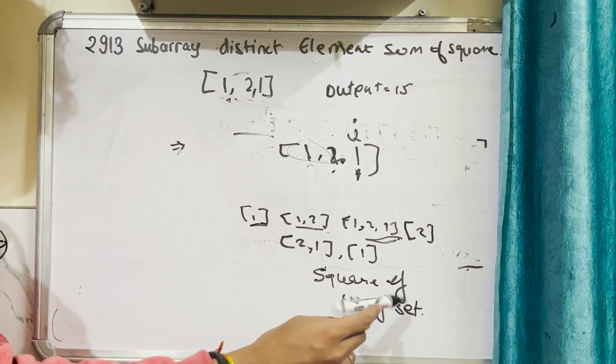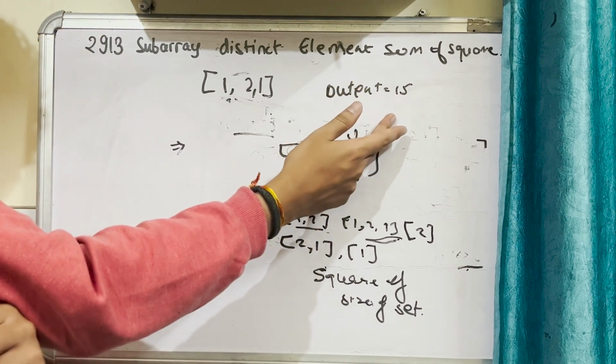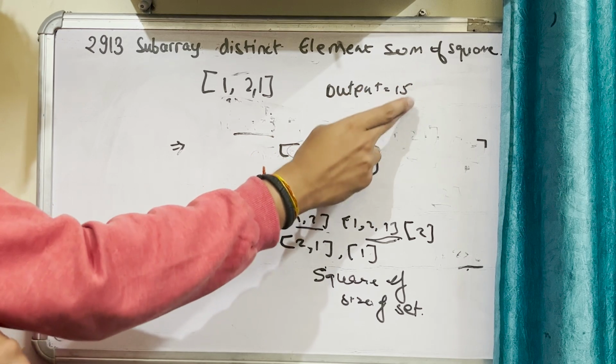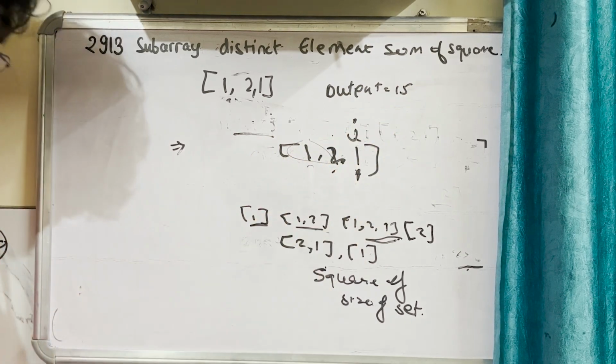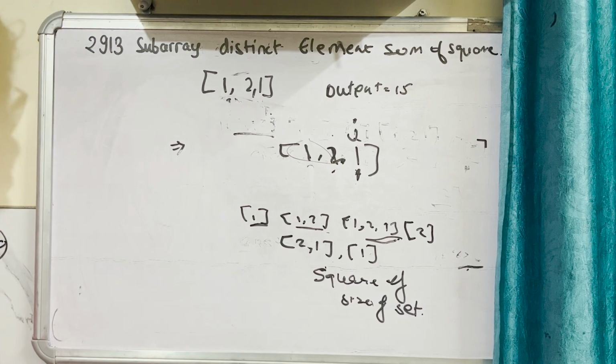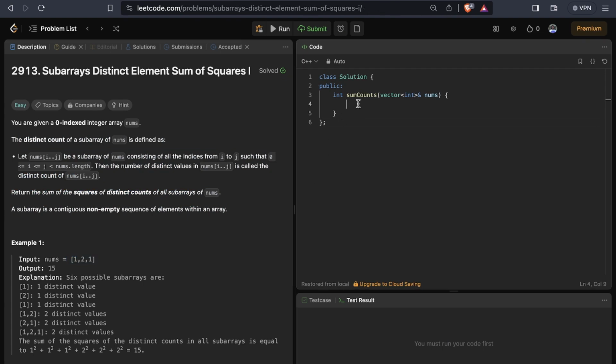At last you will be able to return the output, or you can say the sum of squares of the unique elements in the subarray. So that's it. Let me take you to the code I was explaining, and this is the example. So let's code up the solution.